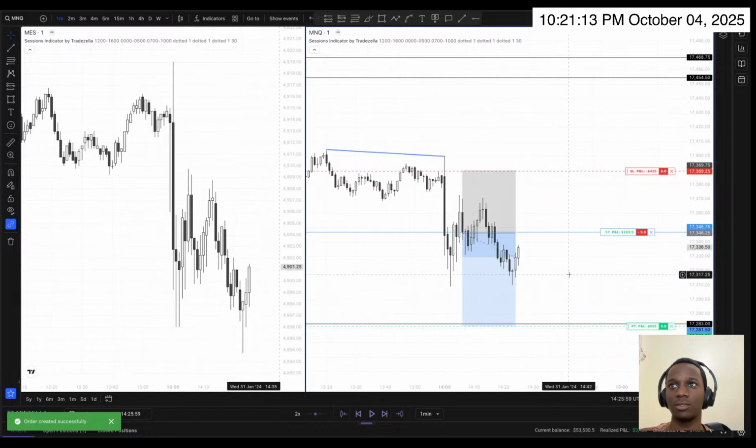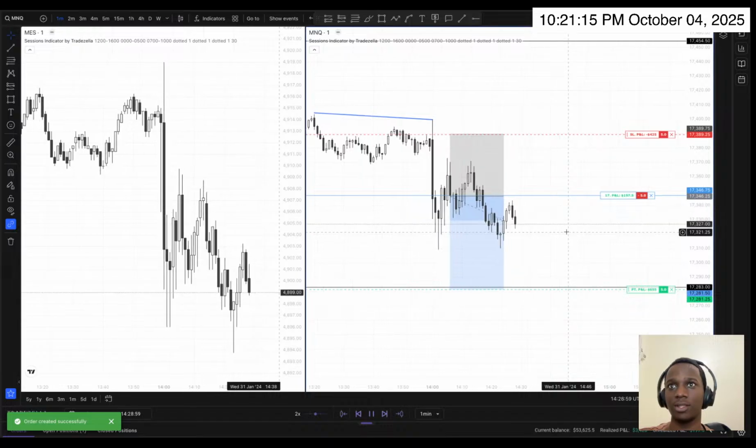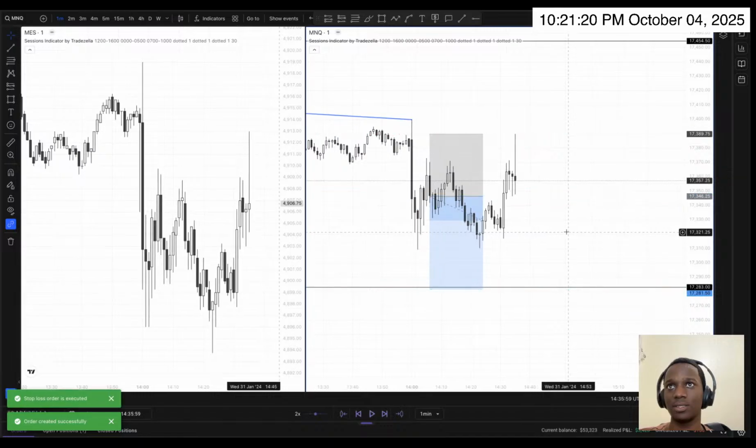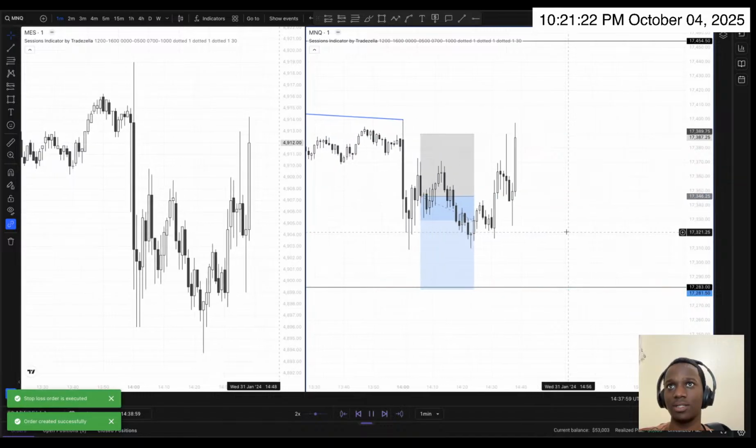So, relatively equal lows. 1430 will either kill us or make us. Okay, get stopped out right there.